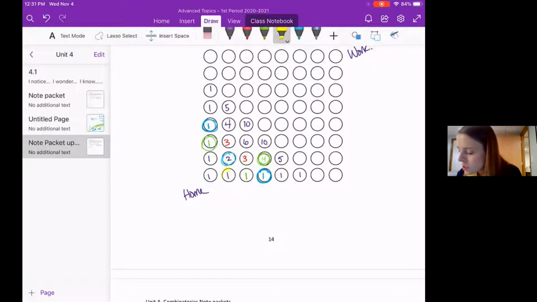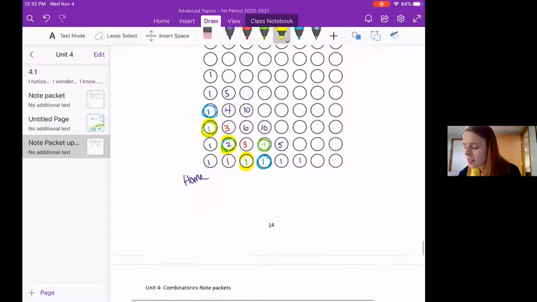So here's an option to go 2 blocks. Silly Mrs. B, I'm circling the wrong things. 2 blocks: 1, 2. Here's 2 blocks. 1, 2 north would be here. And then she also could go east and north and end up here.